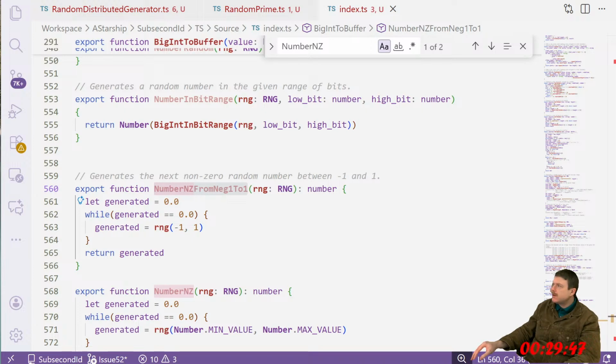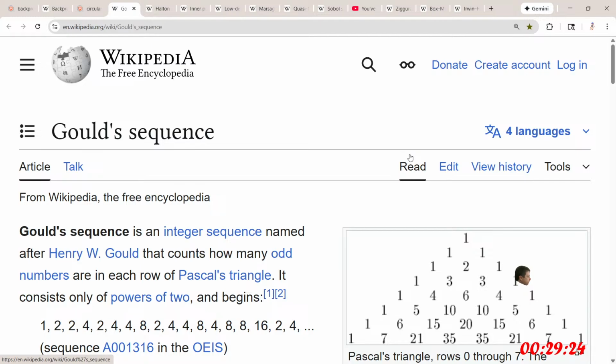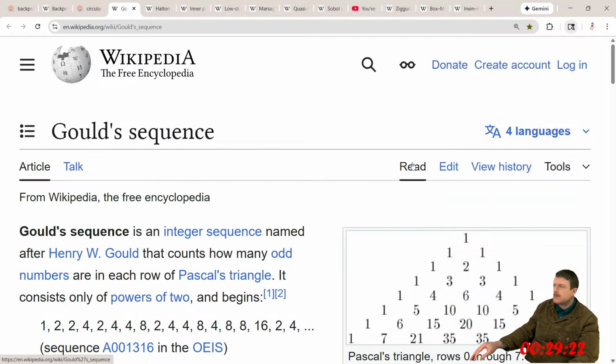And then let's just open them all up, huh? Oops.